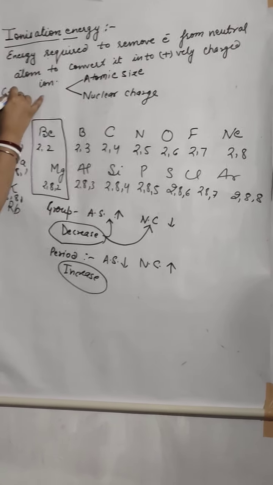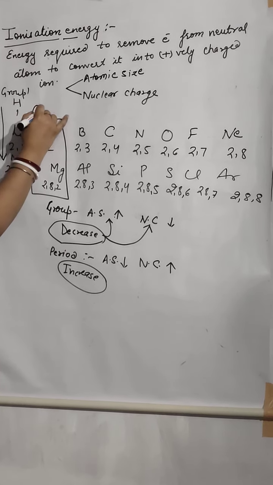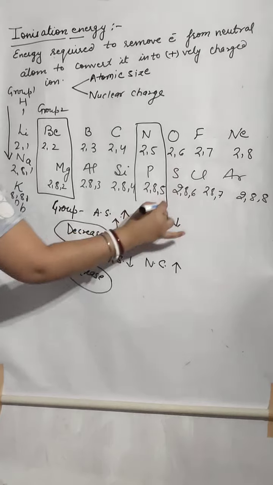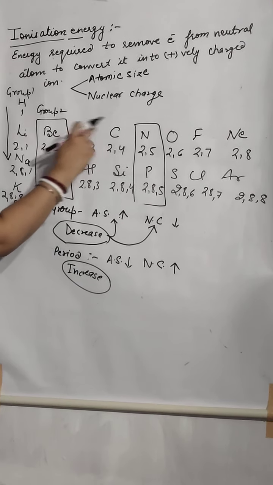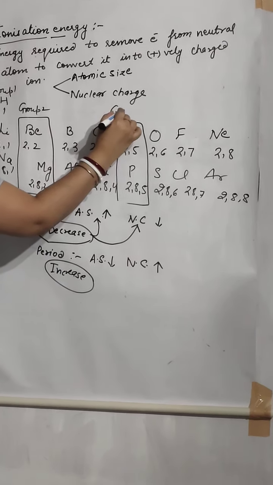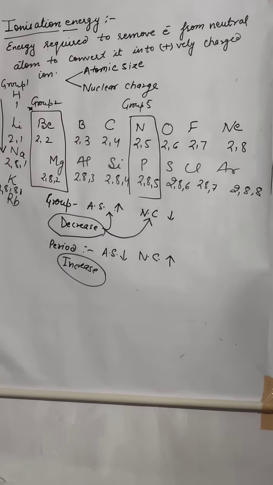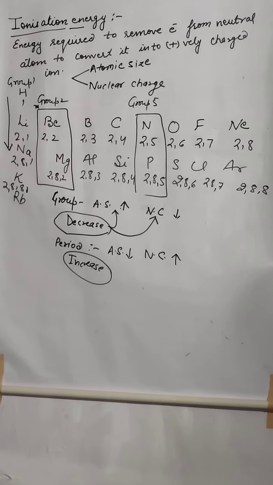This is your group 1, this is your group 2, this is group 3, group 4, and this is group 5. So these are the exception cases. They are showing more ionization energy.